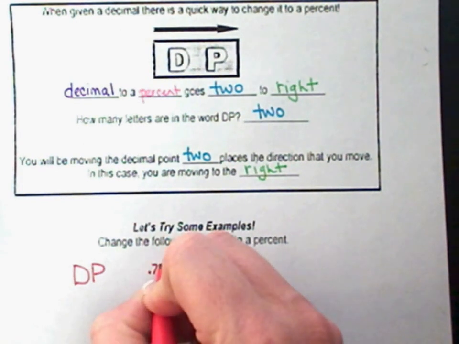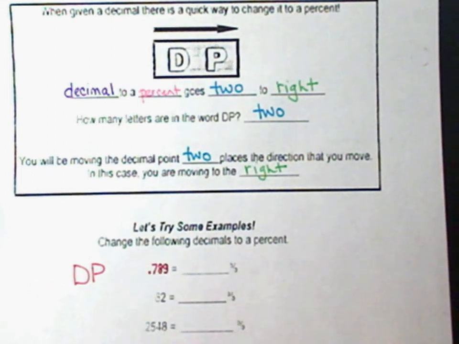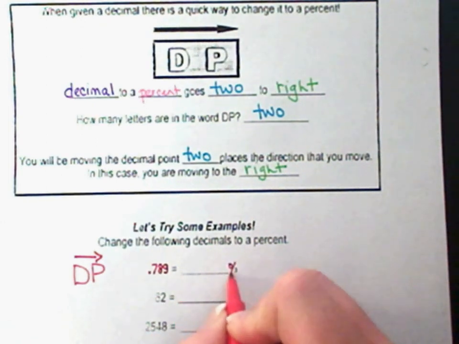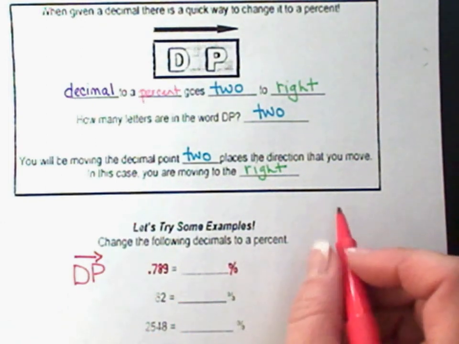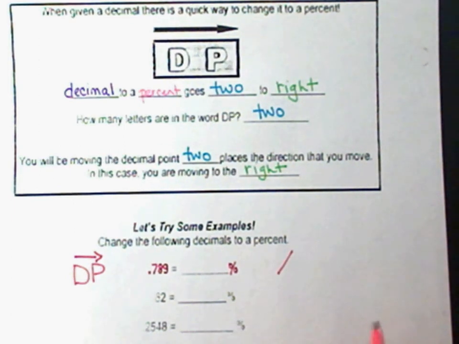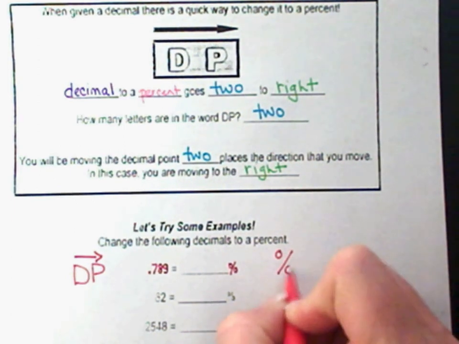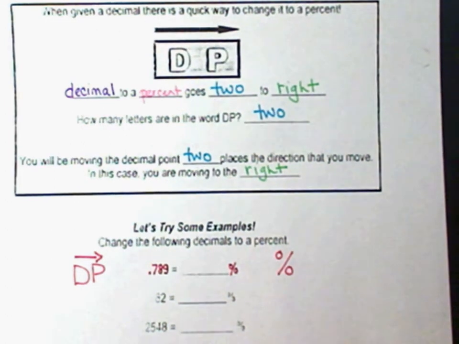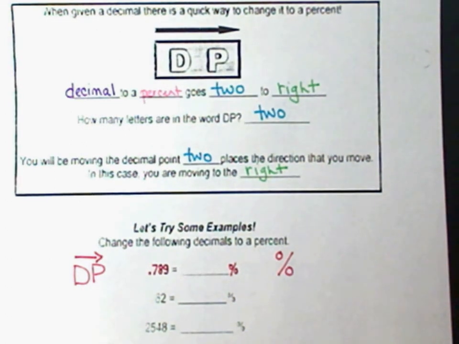So, some examples. I'm going to write DP as my reminder. We are starting with a decimal. This is decimal 0.789. Since I'm moving from a decimal and I'm trying to get a percent, I'm moving to the right. This is my percent sign. I always remember my percent is out of 100 because the slash looks like a 1 and the 2 circles look like 0s.